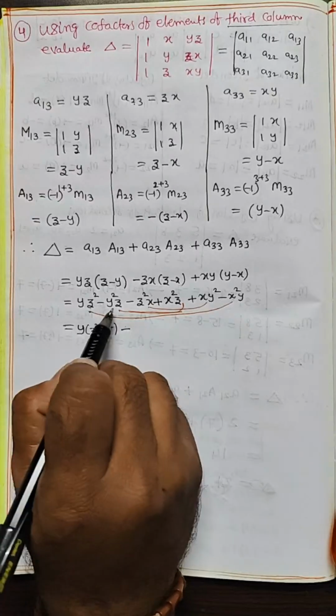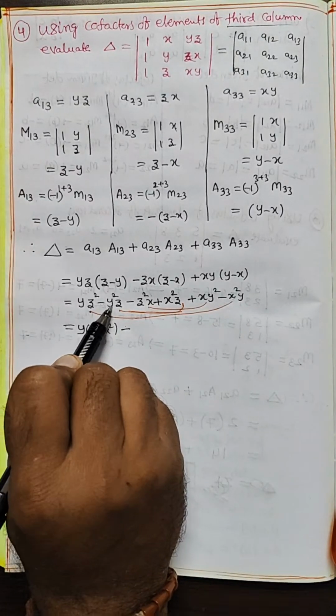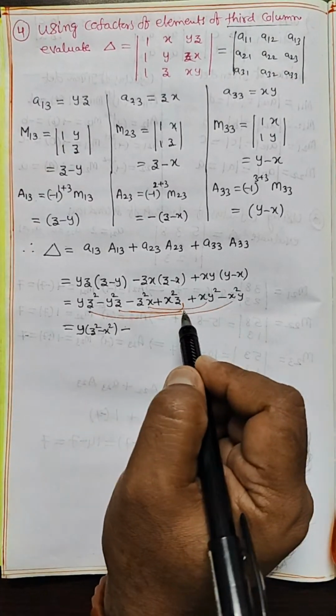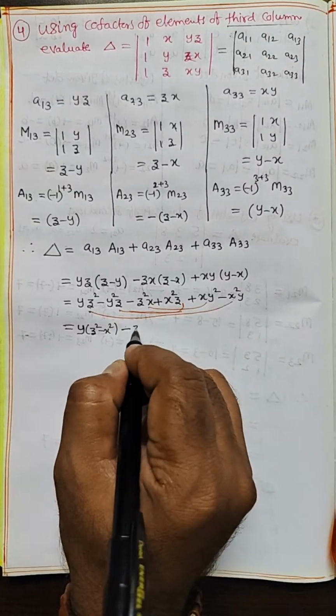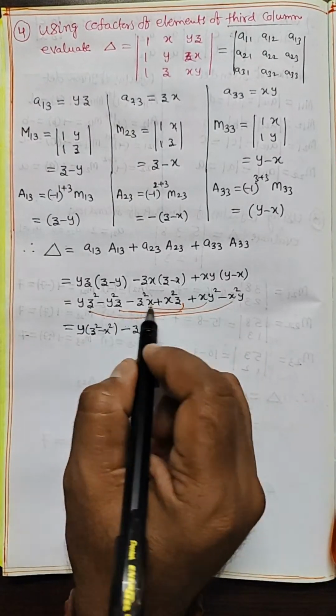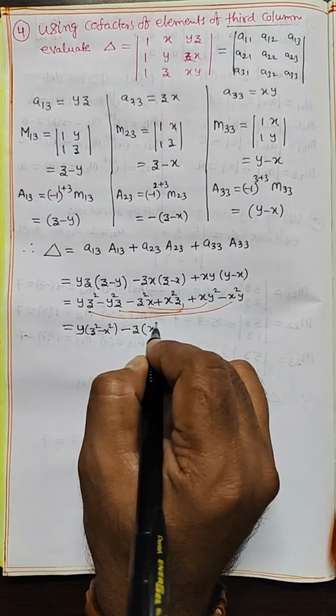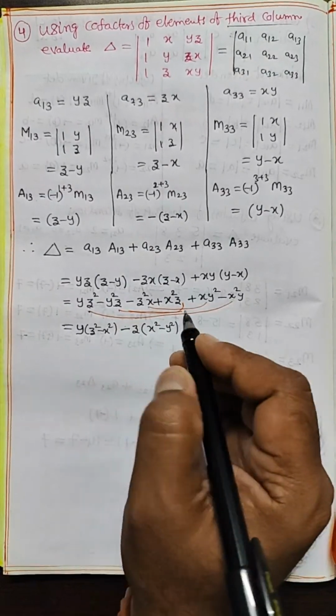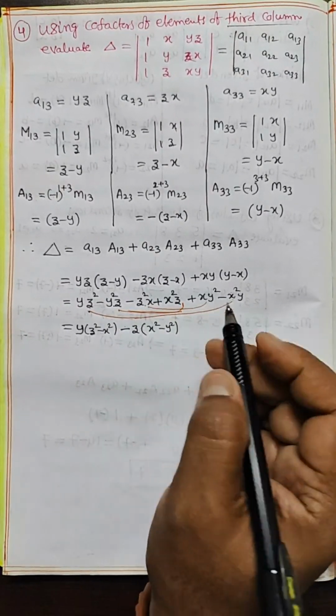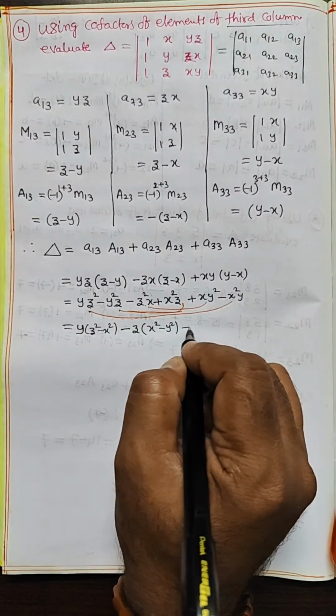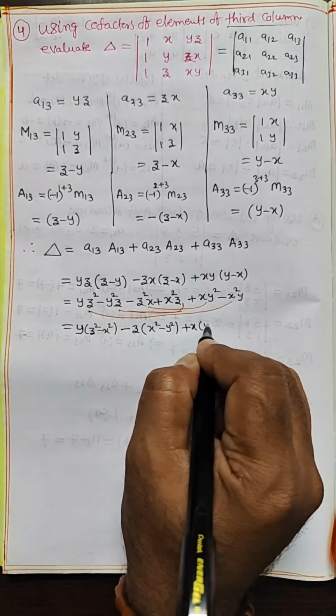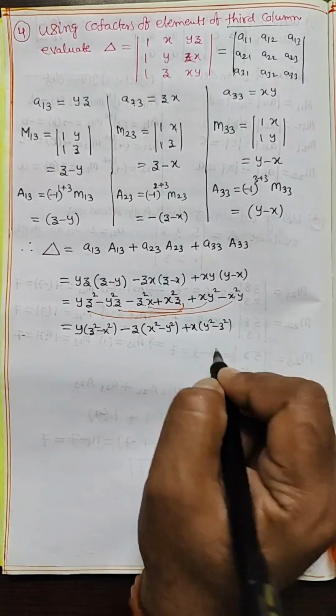Next, from this and from this, if we take z out common, x square minus y square. Next, from these two, you take common x, y square minus z square.